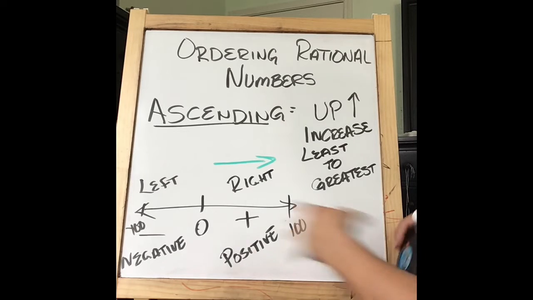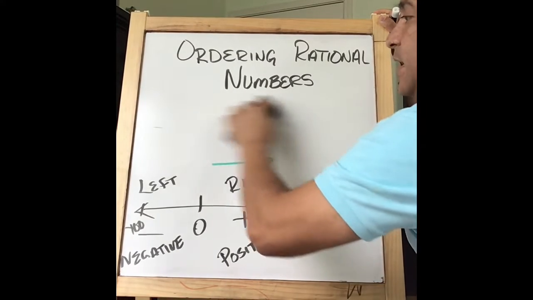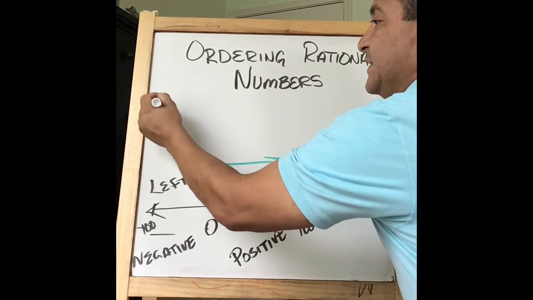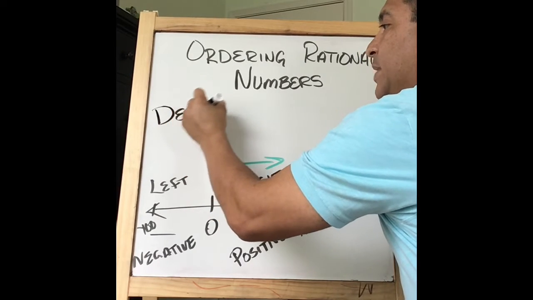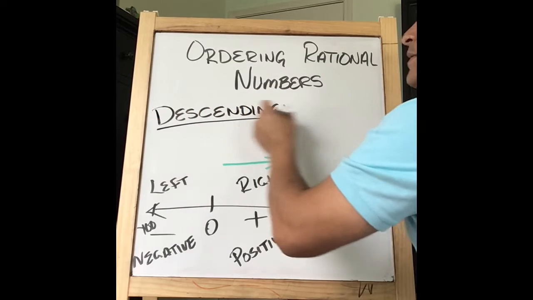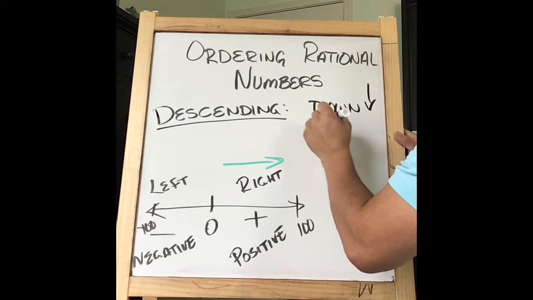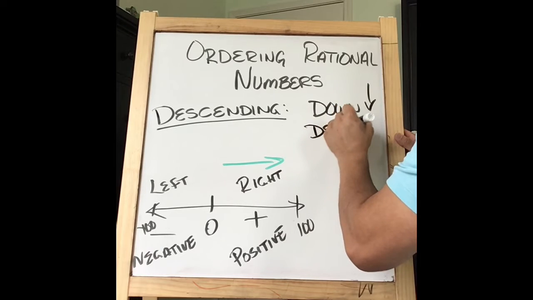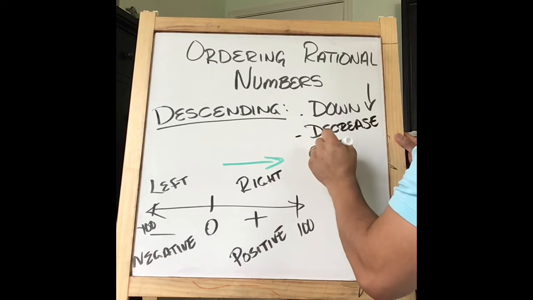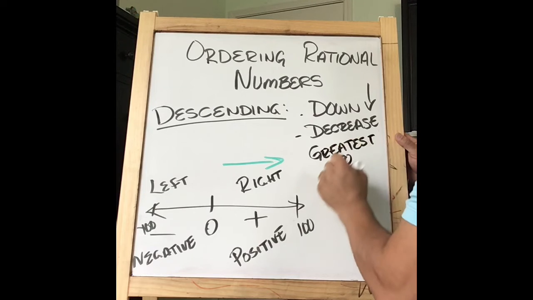So now, I'm going to leave this here, and I'm going to erase this part. And we're going to talk about the word descending, okay? The word descending would be the opposite of ascending. And that would be going down, meaning they decrease. Meaning we're going to have our numbers greatest to least.